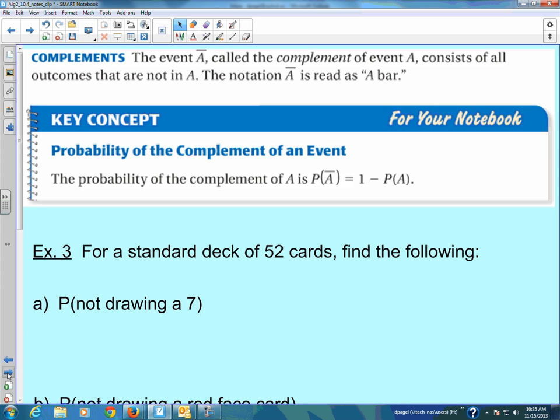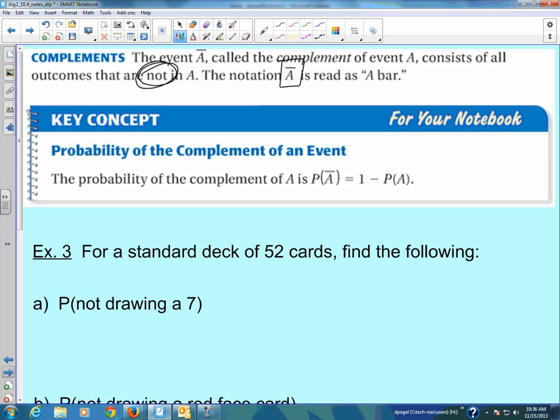So when we want to use a complement, you will generally have the word not in there. The probability of some event not happening would be an opportunity for us to use the complement. And we have this notation here, this little bar that's over our event. That's what we'll use to denote that we're talking about a complement.